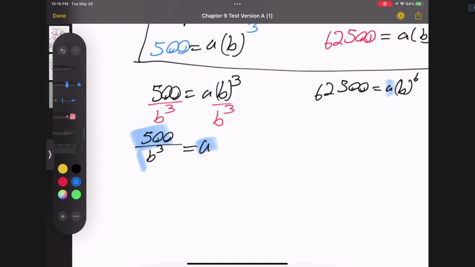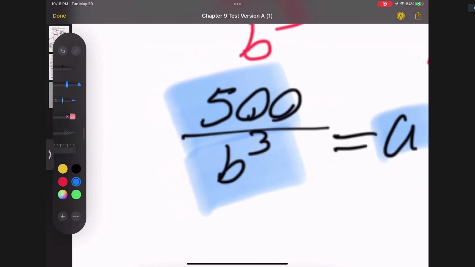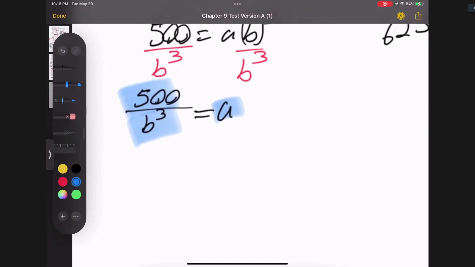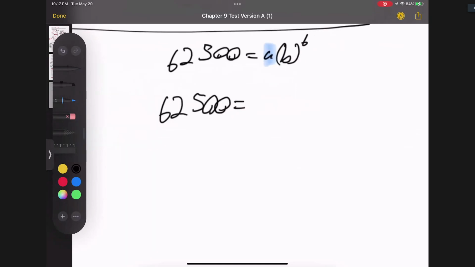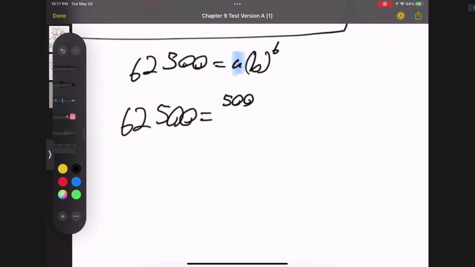But what is a equal to? This left side right here, 500 divided by b to the power of 3. So that's what I'm going to do. I'm going to have 62,500 is equal to 500 divided by b to the power of 3 times b to the power of 6.